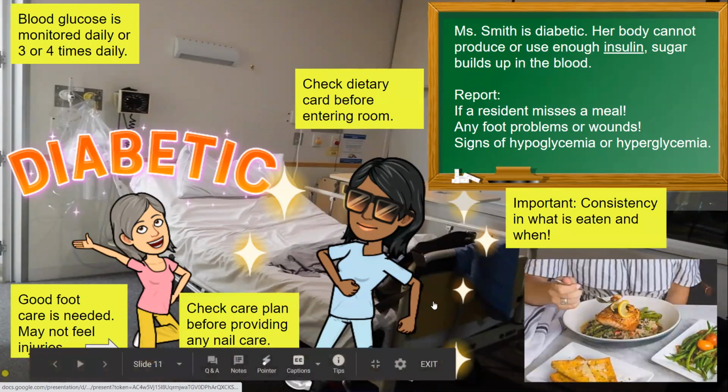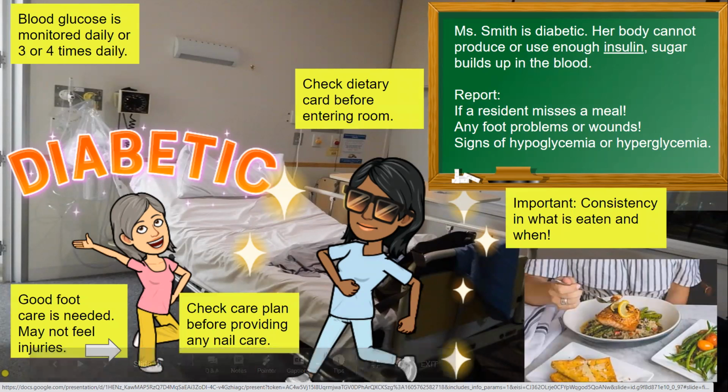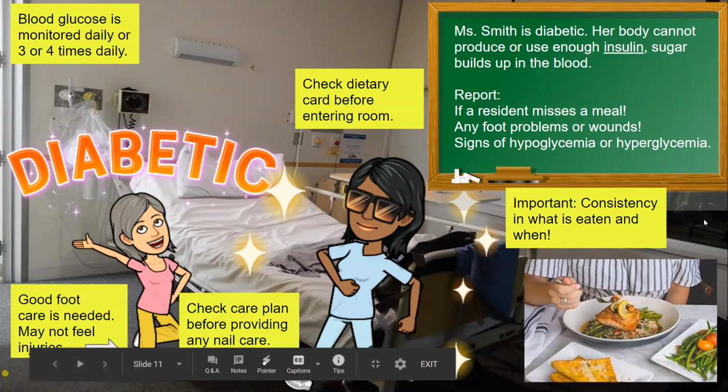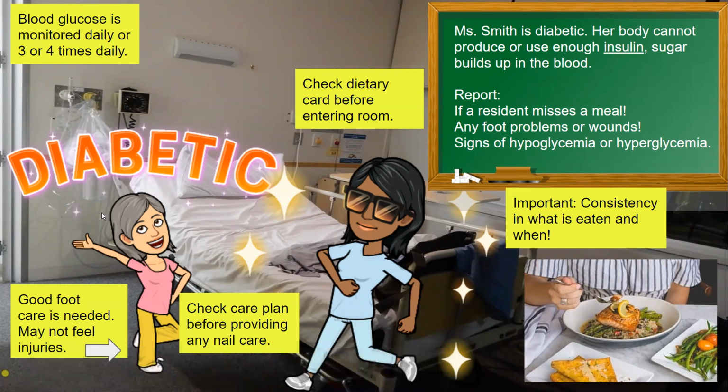The CNA needs to report if a resident misses a meal. The CNA needs to report any foot problems or wounds. The CNA needs to report any signs of hypoglycemia or hyperglycemia. These are important things to know when working with a diabetic resident.